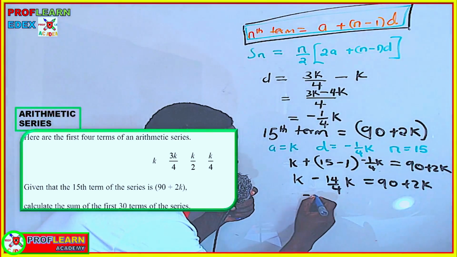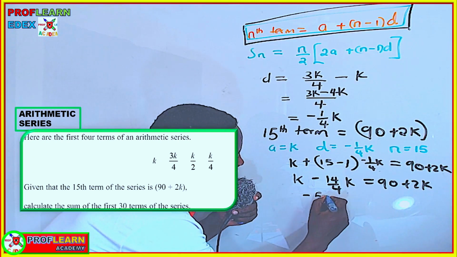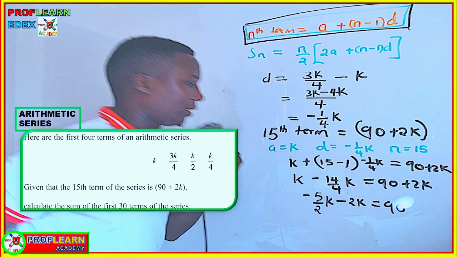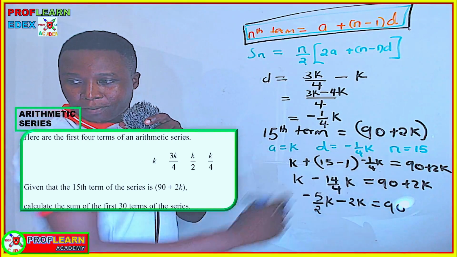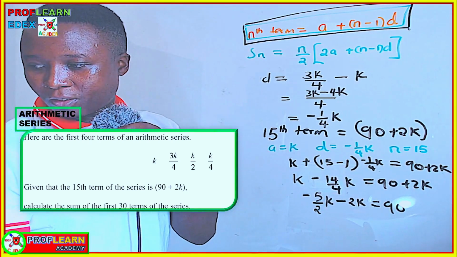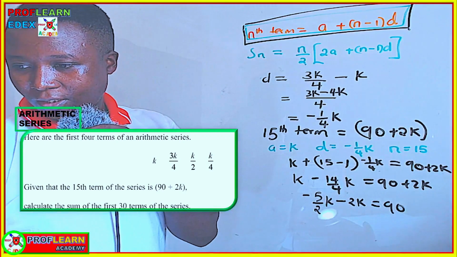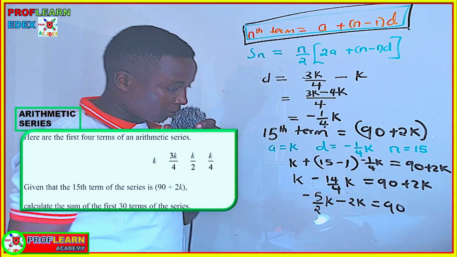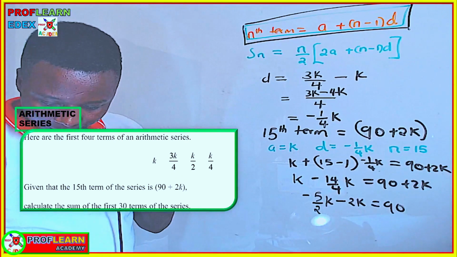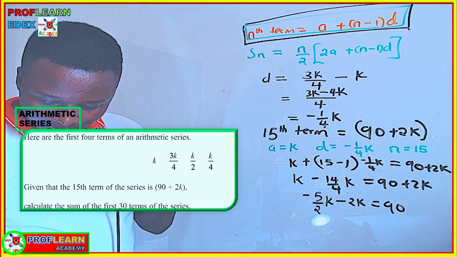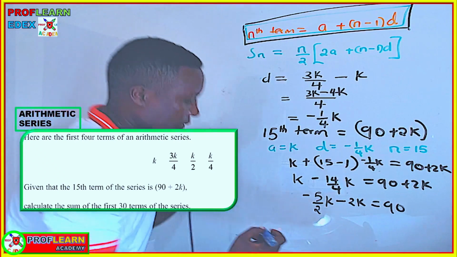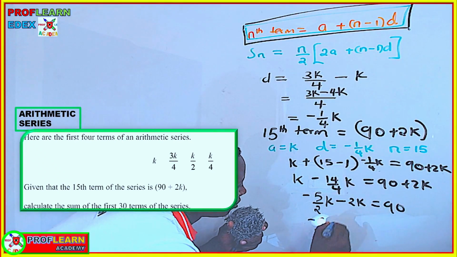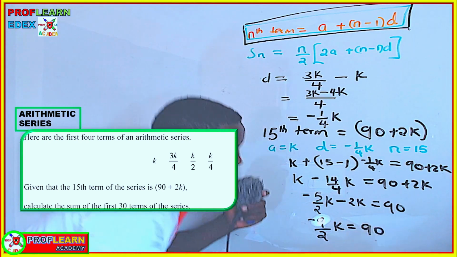So this is negative 5 over 2k minus 2k equals 90. I've brought this part to this side of the equal sign so that we can see what we get. Minus 2 again, we get negative 9 over 2k. So negative 9 over 2k equals 90.